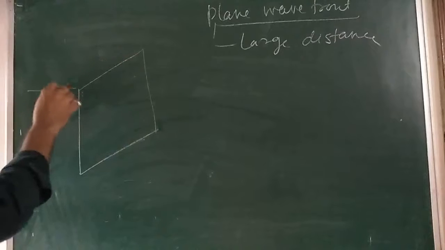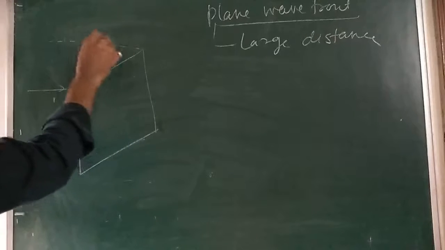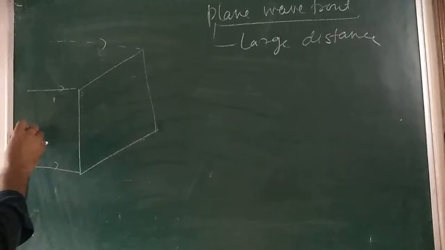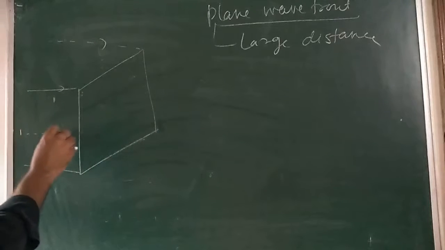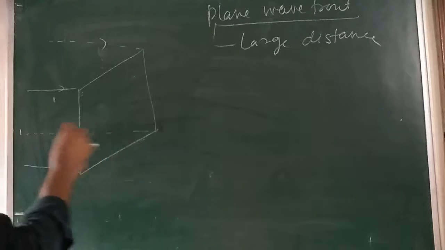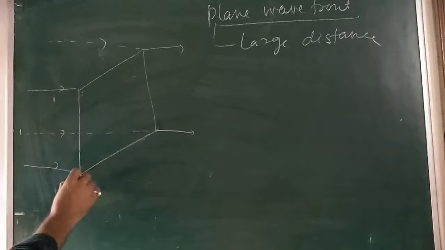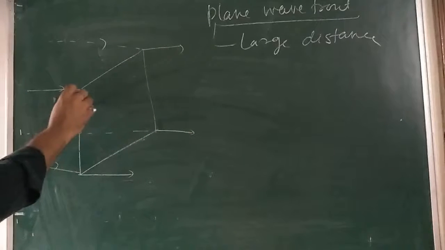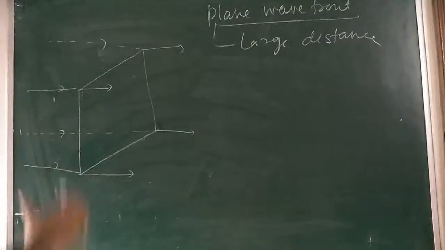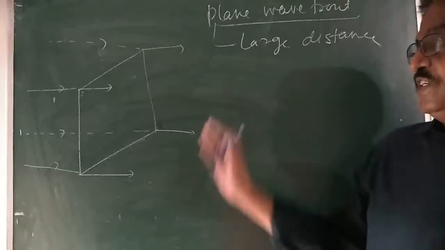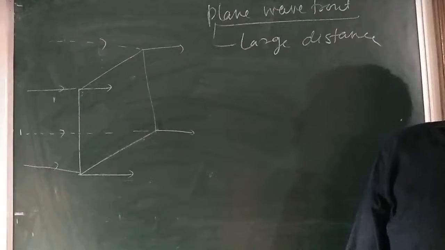Light is coming from a very large distance, and the wavefront comes here in this manner. When the light is coming from a large distance and we are getting this much of it here, this is called a plane wavefront.